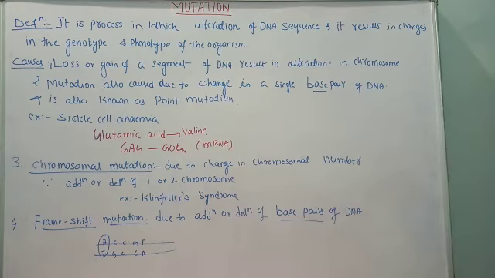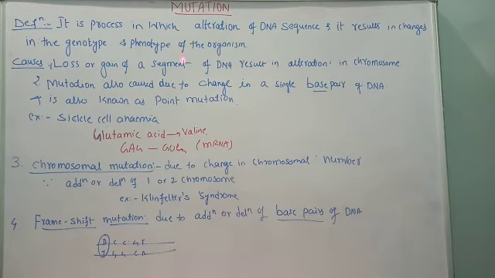So these are the 3 types of mutation: point mutation, chromosomal mutation, frame shift mutation. And why the mutation is caused, the reason I told you. Lastly, the mutation definition is also very important. You must go through the definition also. Sometimes the question is framed like this: what is the cause for the mutation? Or what are mutagens?